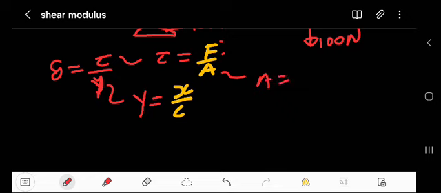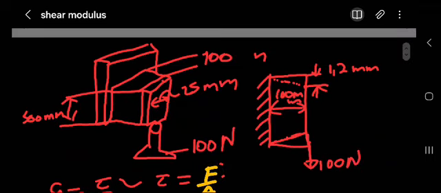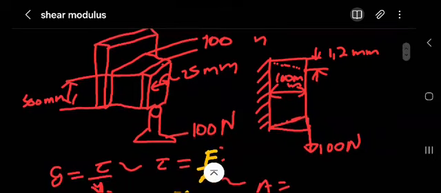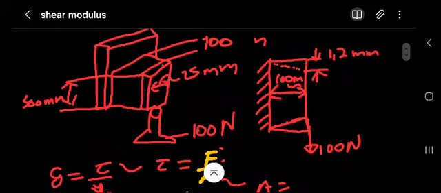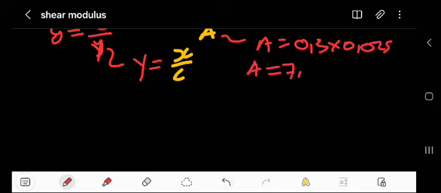So area, focusing on the area of this box, because that is the one we are checking, we have 300 millimeter into 25, which is simply 0.3 times 0.025. This area will be equal to 7.5 times 10 to the power of minus 3 meters squared.